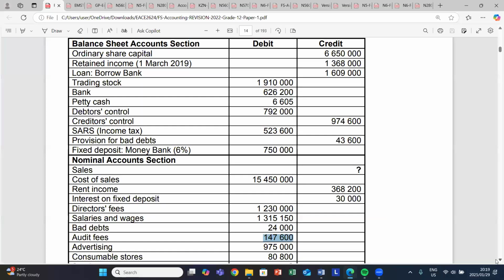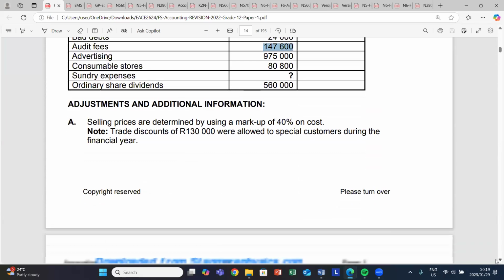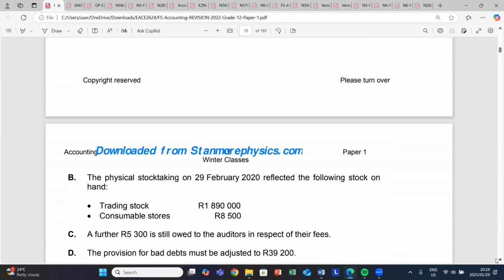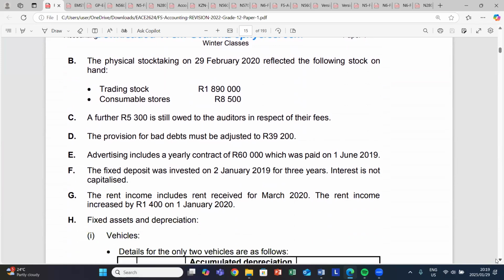Let's go to the next transaction. A further 5,000 rand is still owed to the auditors in respect of their fees. What are we going to do with that 5,000 rand? Do you have any clue of what you will do with that 5,000?